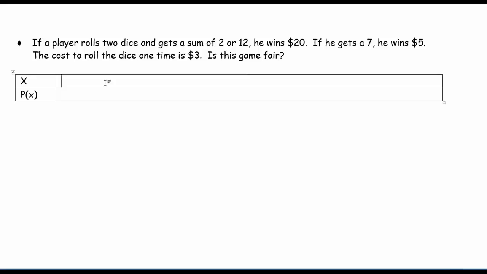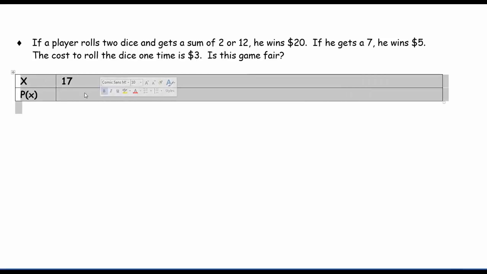Finding out the probability is going to be another story, but when they roll the dice, if they get a 2 or a 12, they win $20, but keep in mind they spent $3 to play the game. So how much did they really gain? They really gained $17. So that's one of our scenarios: 17.